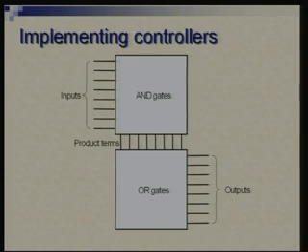So, the PLA has 2 parts. One is called the AND plane and the other is called the OR plane. This is basically an AND OR type of implementation, or sum of product implementation. The AND plane has a row of AND gates which implement all the product terms, and the OR plane has a set of OR gates which implement the sum terms.